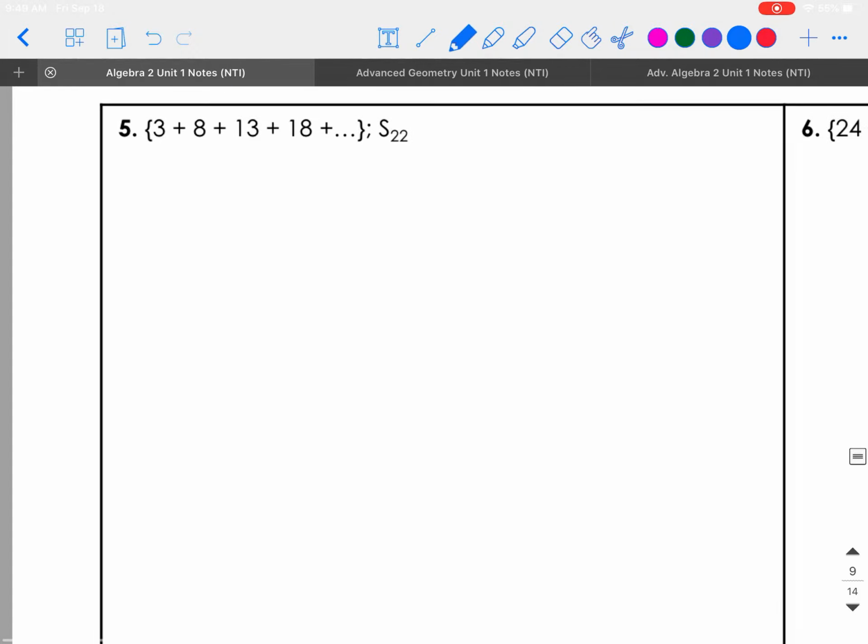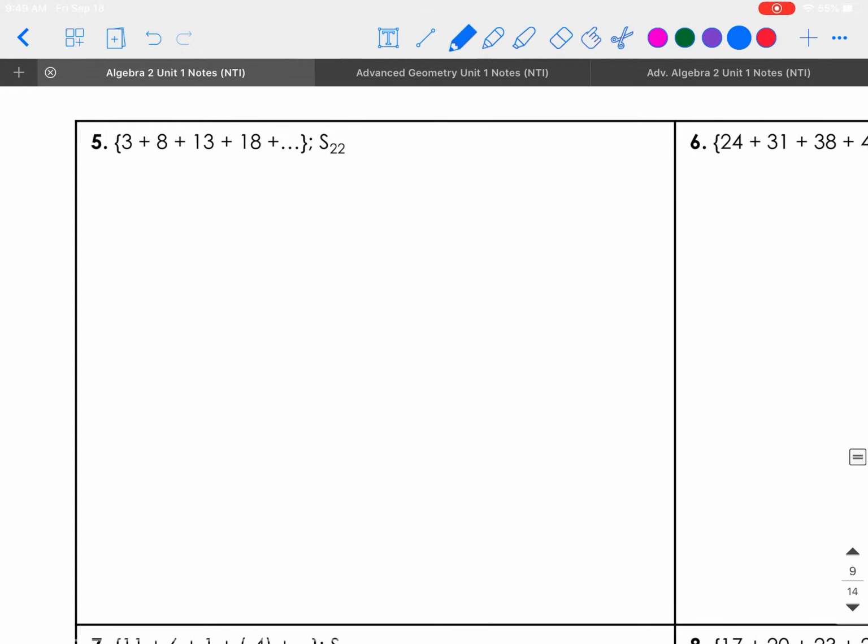All right. Number 5. We're finding the sum of the first 22 terms. So I'm going to start by picking out those pieces that I need for the formula. N equals, A1 equals, AN equals.